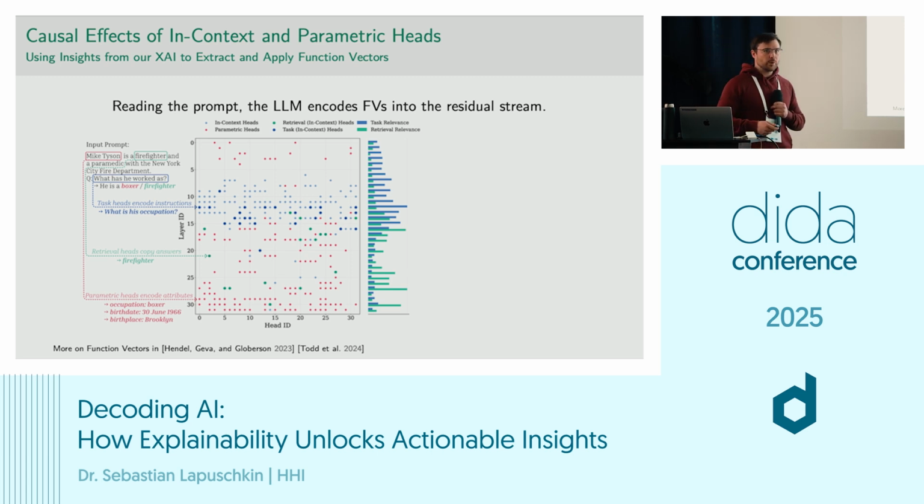They write the function the model should execute into the residual stream in this map somewhere here. Similarly, the retrieval heads copy the answer, so they later encode the retrieval task, the copy task, and parametric heads we found encode specific attributes about persons or entities in general into the relational knowledge of the model.